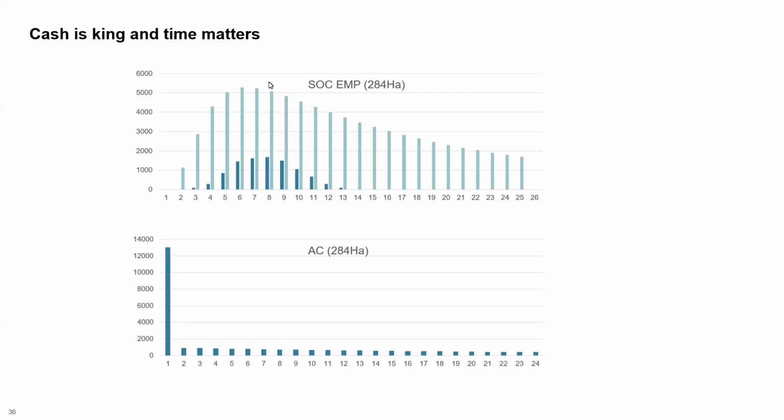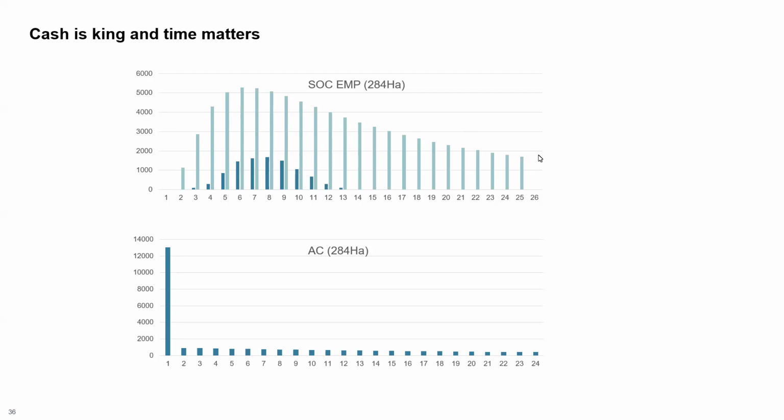So at the top, you've got on the same graph the EMP, which is the big one, the light blue one, and the soil carbon, which is the dark blue one. You see immediately that there's fewer soil carbon credits, and they're more limited in time than the EMP method.